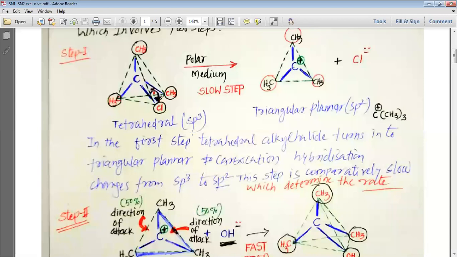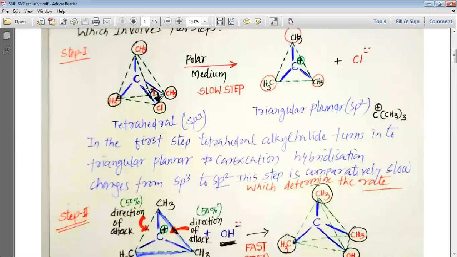This carbocation, whatever is being produced, is because of the polar effect dissociation of the tetrahedral sp3 compound.